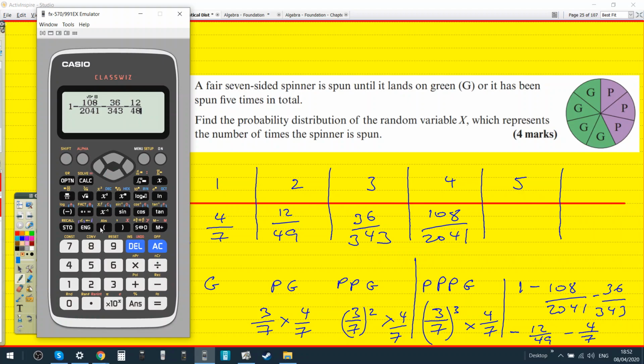12 over 49. Minus 4 over 7. Wait, you see? For 4, the probability is 108 over 2,401. Not 2,041. 2,401? Yeah.